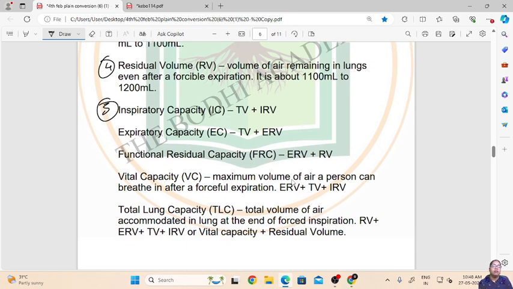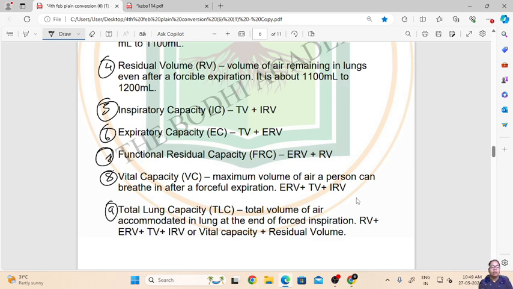Then comes your sixth, vital capacity. It is the maximum volume of air a person can breathe in after a forceful expiration, which can be calculated by adding ERV plus TV plus IRV. Then comes your last, total lung capacity.